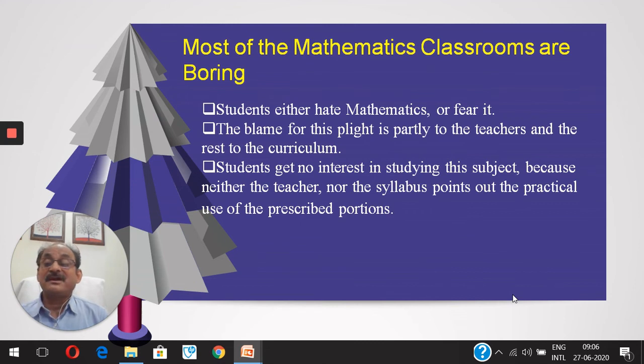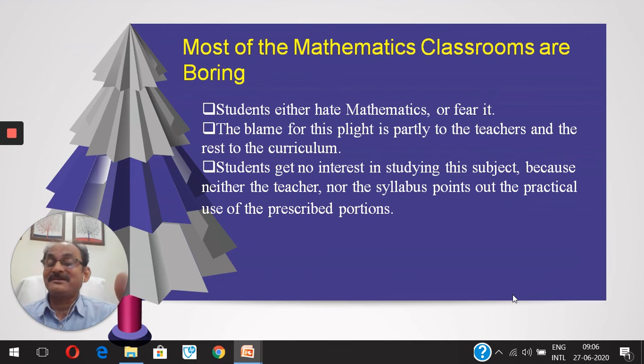It is important that the teacher is boring or the curriculum is boring, so both things are correlated. Students get no interest in studying this subject because neither the teacher nor the syllabus points to the practical use of the prescribed portion.